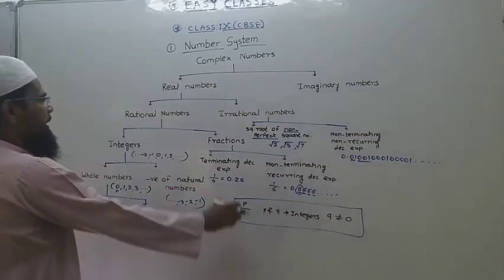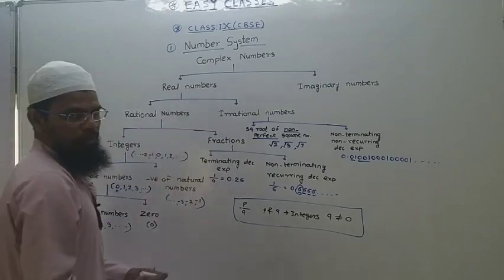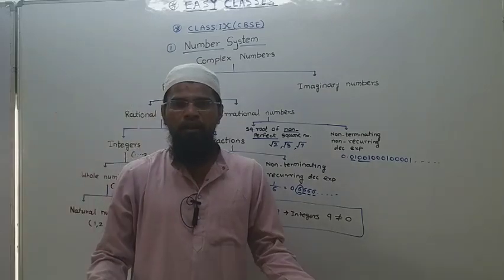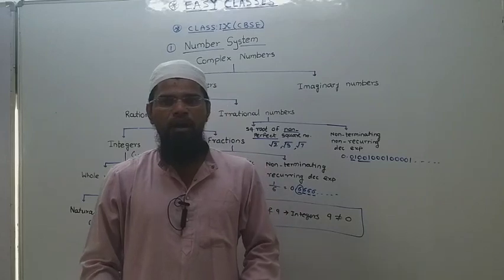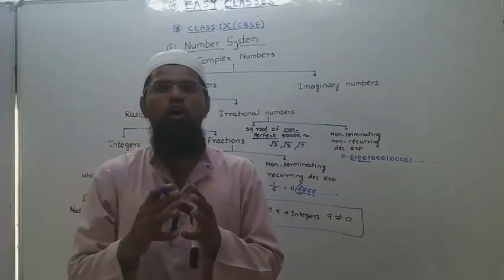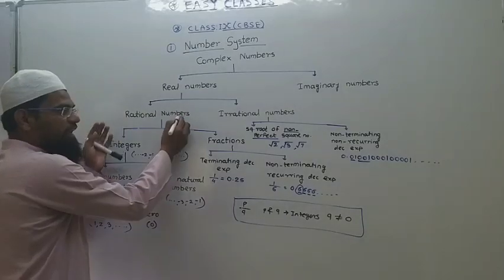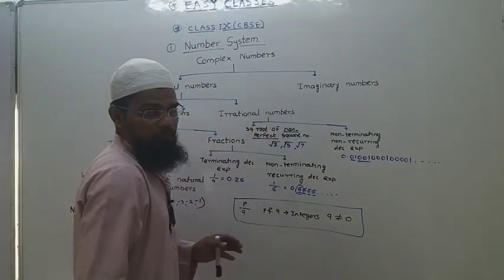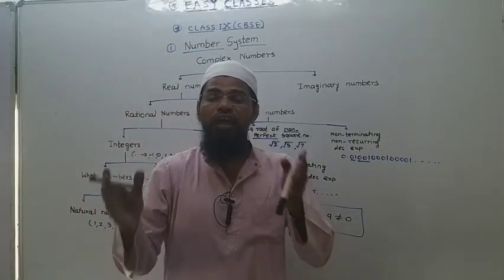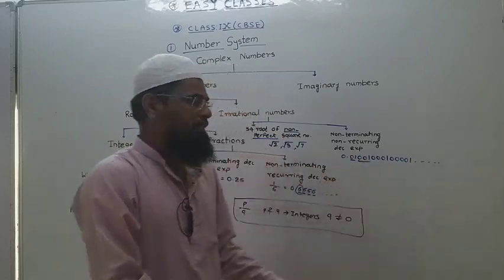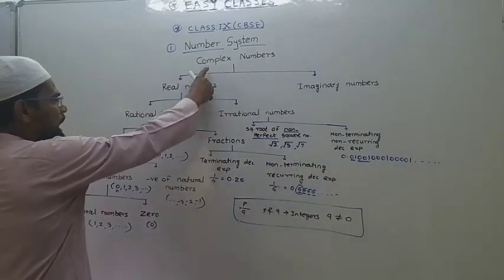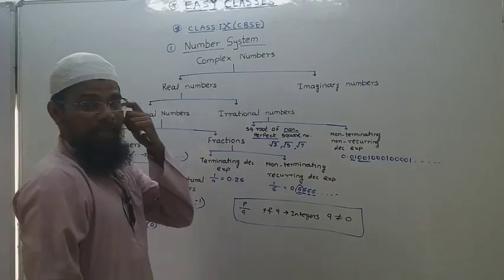Now we concentrate on real numbers. What is a real number? A real number is a combination of rational numbers and irrational numbers. And the last one is the complex number.